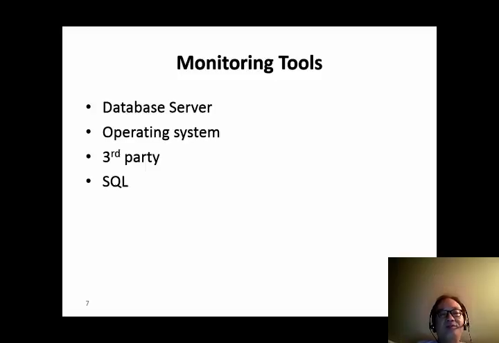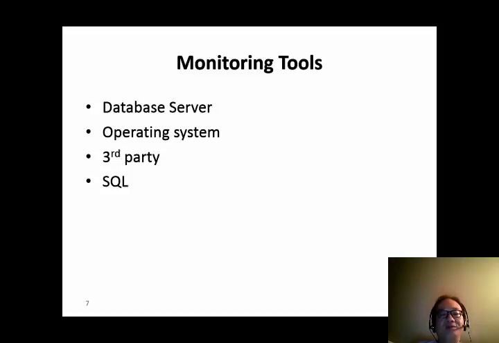There are many tools that can help us conduct monitoring. We can use the tools that came with the database management software, such as Activity Monitor, SQL Server Profiler, and Extended Events.